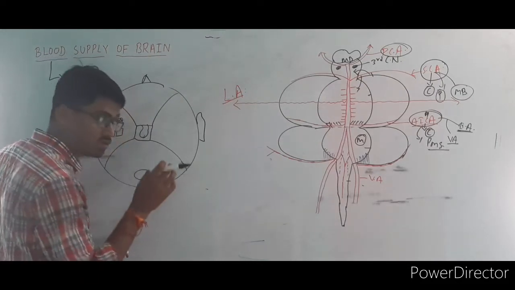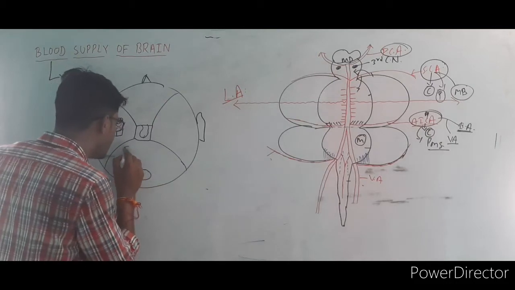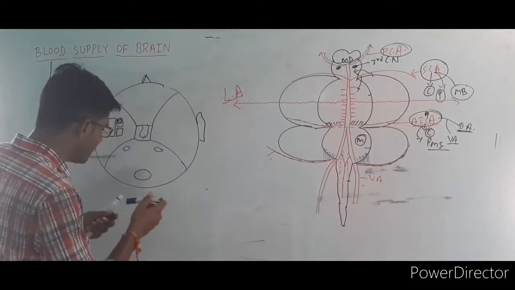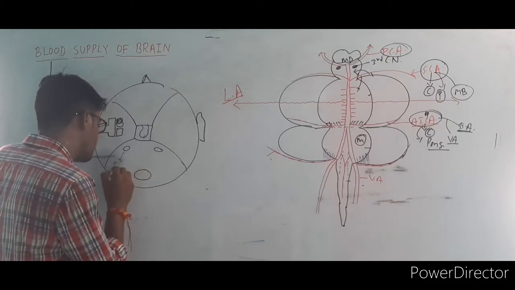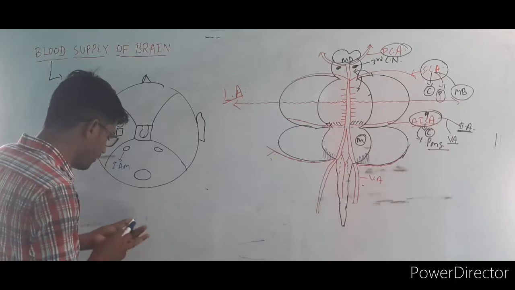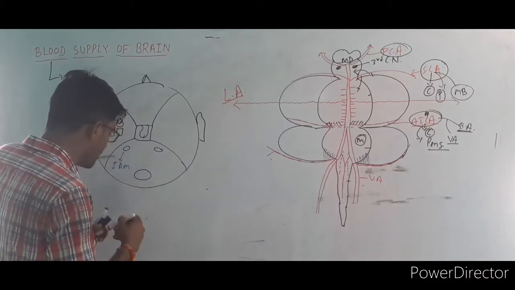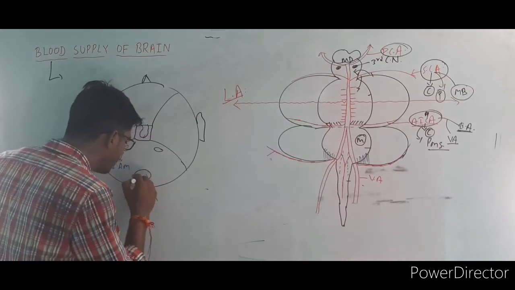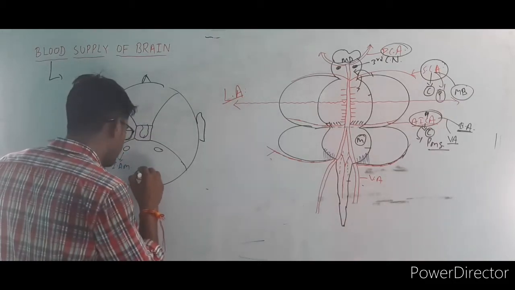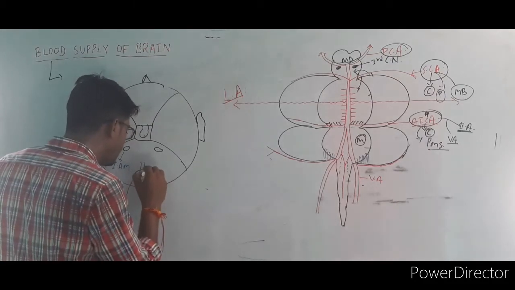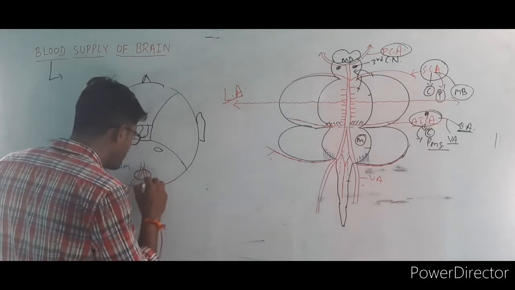Which foramen? The one through which the spinal cord comes. And here are two things: this is the internal acoustic meatus. The two vertebral arteries come from here, enter this foramen magnum, and communicate with each other.